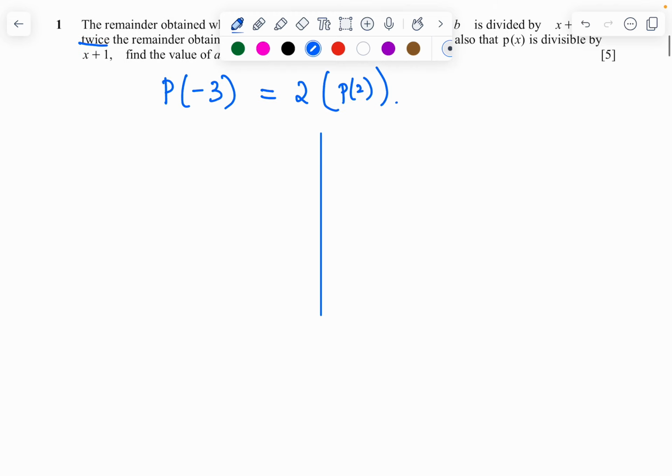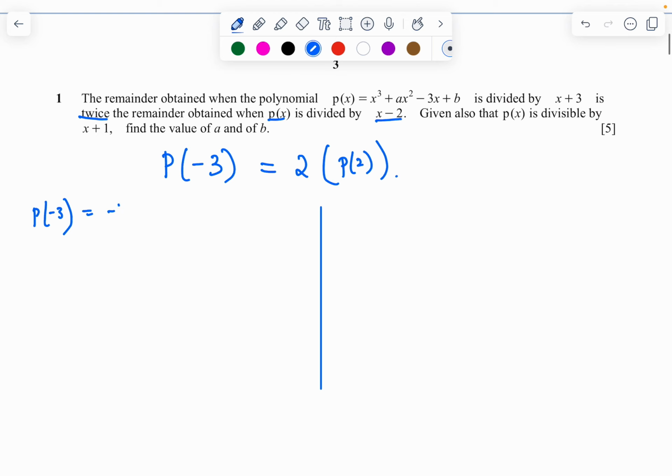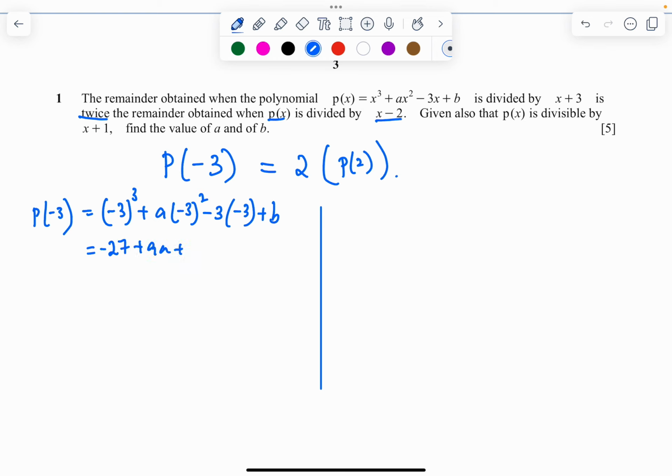Let's see. So p of negative 3, I'm writing as negative 3 whole cubed plus a times negative 3 squared minus 3 times negative 3 plus b equal to, so if you expand this, this is going to be negative 27 plus 9a plus 9 plus b is equal to 2 times p of 2, right?